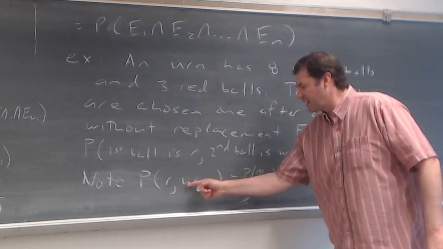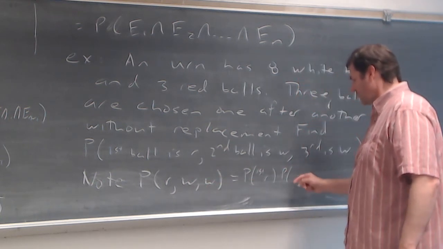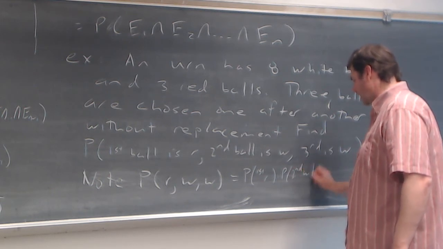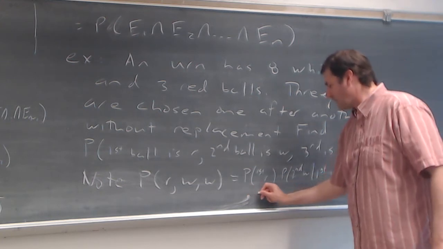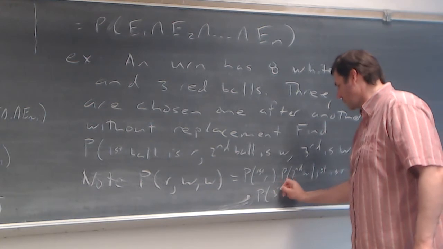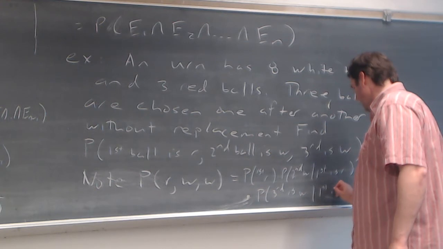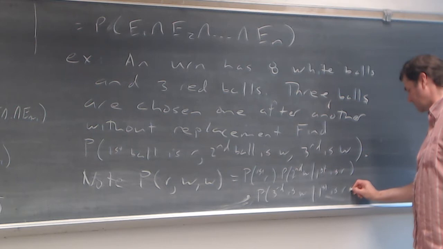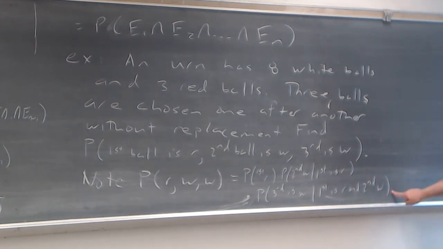So first is red, second is white, third is white, times the probability, by the previous fact, that the second drawing is white given the first is red, and then that will be multiplied by the probability that the third is white, given the first is red and second is white, that's the intersection.